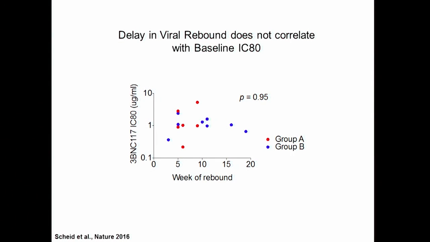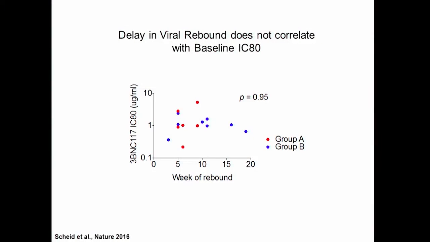And so we compared the IC80 of those outgrowth cultures that I described to you earlier with the delay of rebound, and found that there was no correlation whatsoever in Group A or Group B between the IC80 before ATI and the delay of rebound, which in a way makes sense because, as I pointed out earlier, we would expect to have something between 5 to 10 different infected CD4 T cells that grow out in those cultures, and actually we were able to confirm that by sequencing the cultures.